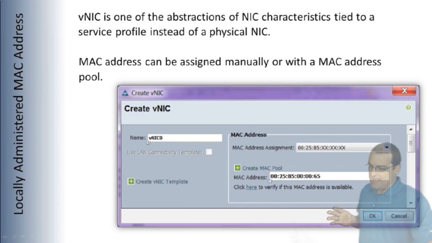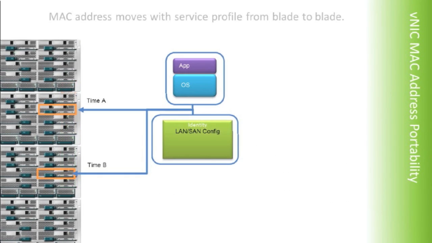Understand that in the UCS system, we want to virtualize things like MAC addresses so that if we have an underlying hardware failure, we can take everything, the apps, the operating system, and vMotion it, migrate it from one blade to another.